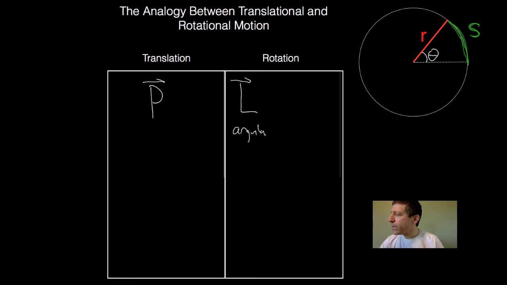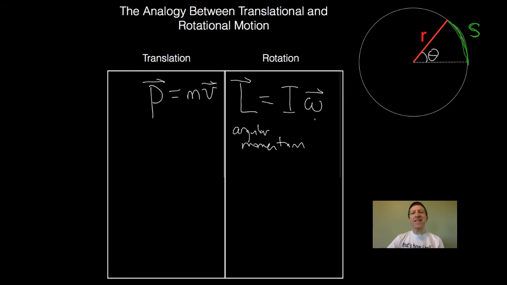Angular momentum. And if you know the equation for this, p is equal to mv, you might be able to guess the equation for this. Well, the analogy for m is I. The analogy for v is omega.